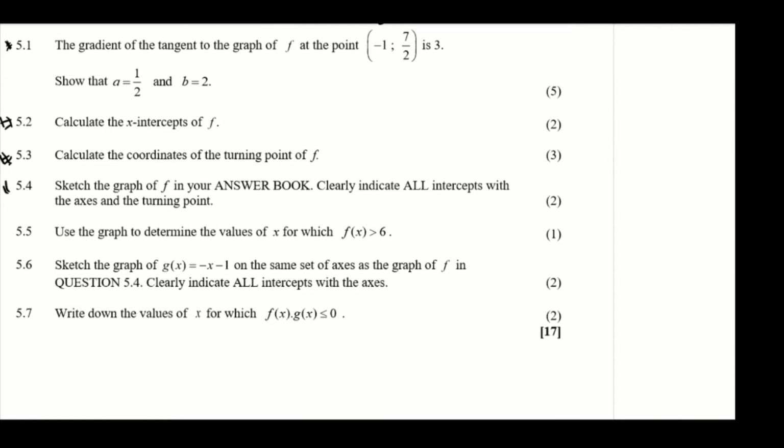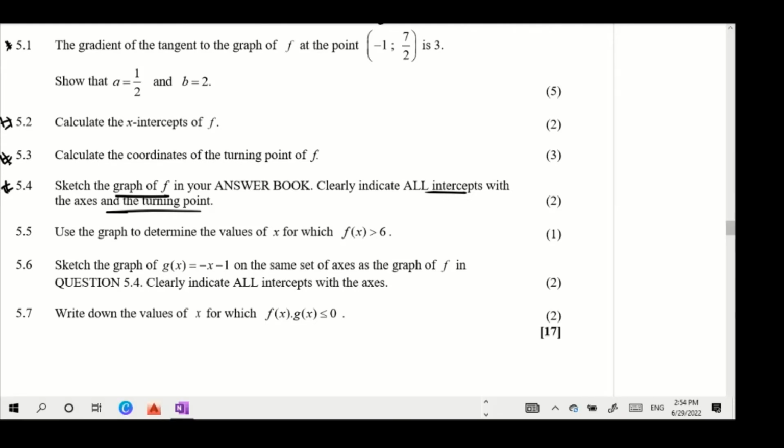So now 5.4, we are asked to sketch the graph of f and show clearly the intercepts and the turning point. So if I were to draw this graph, let me find proper space to draw it. To draw the function, this is the Cartesian plane.